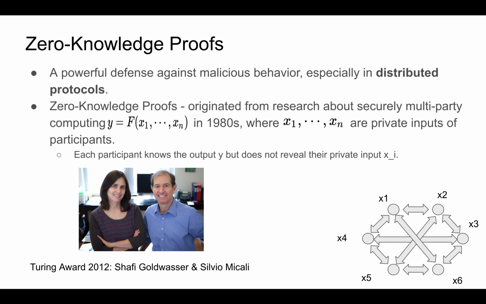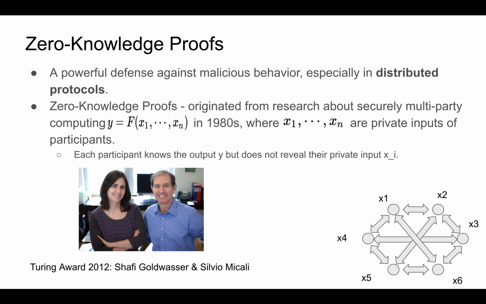Among all kinds of crypto proofs, zero-knowledge proof is the most common and widely used in the cryptography world. It extended from the research area called secure multi-party computation in 1980. At a high level, a secure multi-party computation protocol is a protocol run by n parties to jointly compute a function over their private inputs, but each participant does not reveal any information about their private input xi.